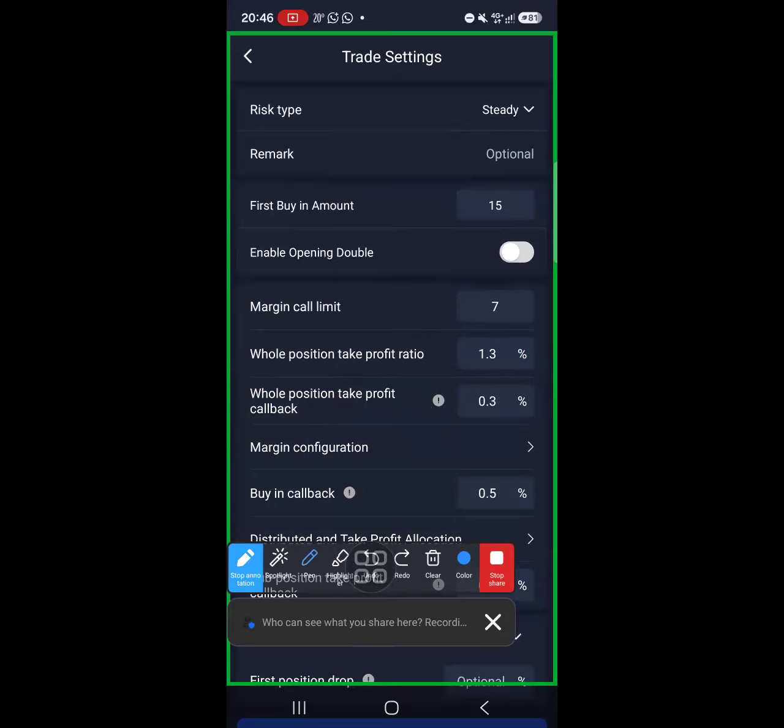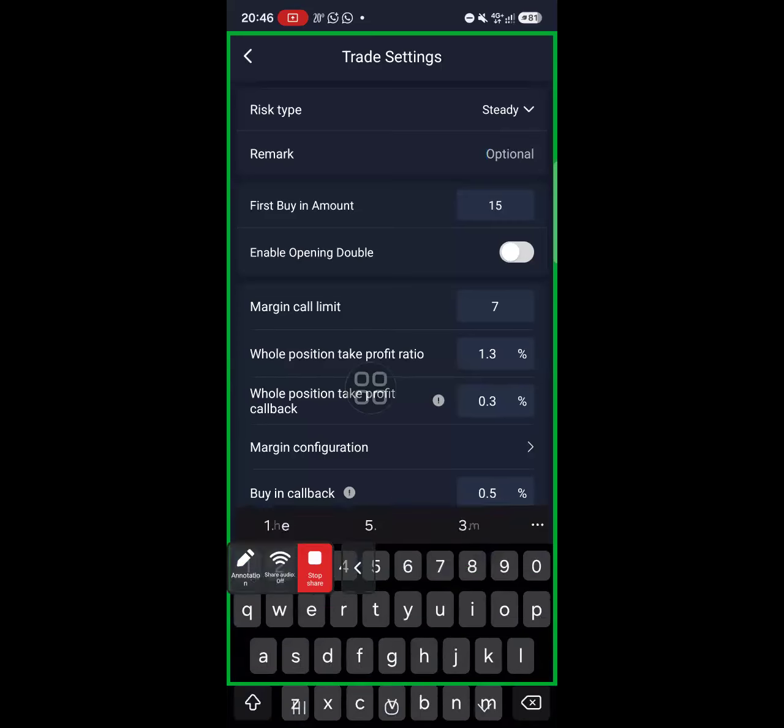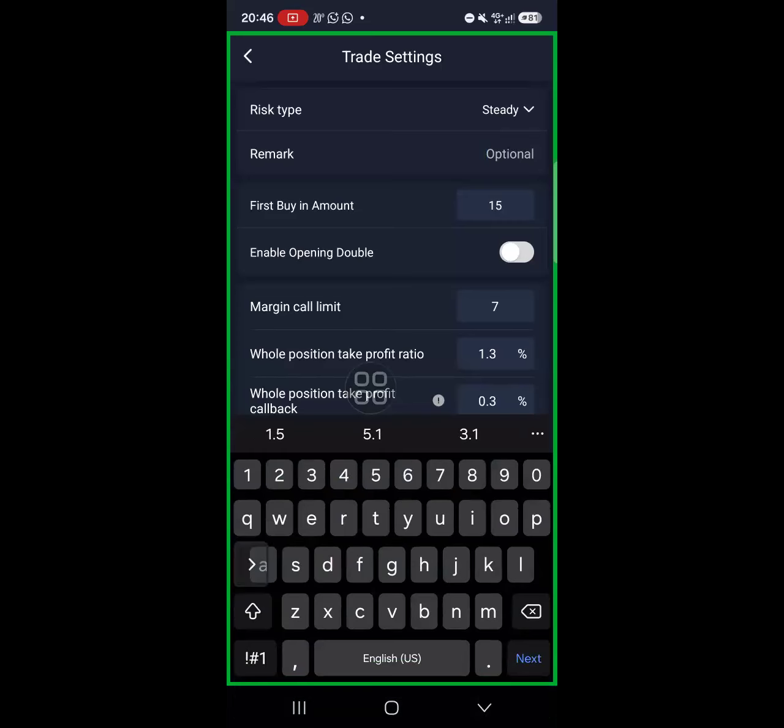You write that name where it says optional. So I'm typing $100 setting.